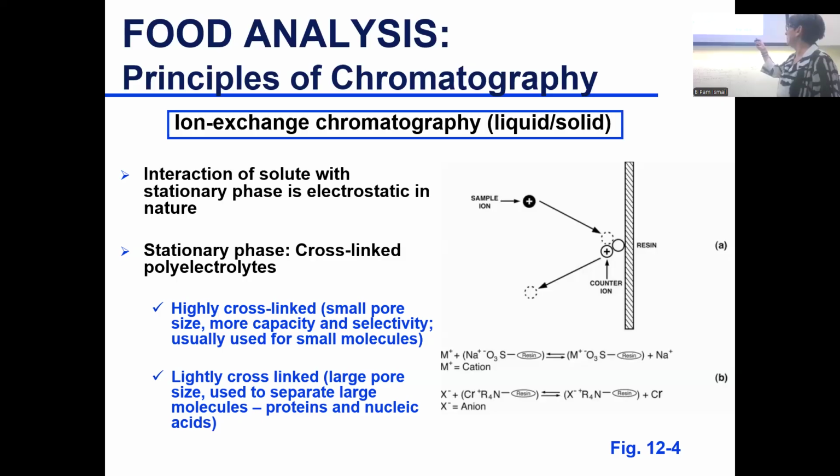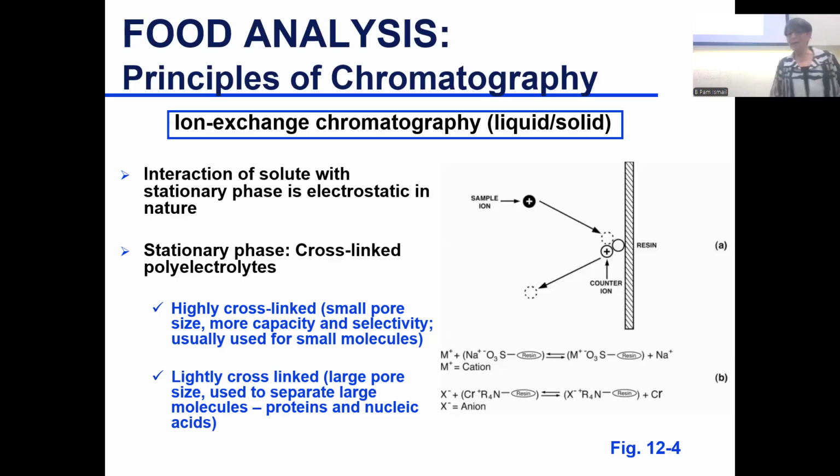So the resin here is a polymer. The stationary phase is a polymer, and it carries a functional group with a charge on it. And this polymer or resin would be highly cross-linked. When you have high cross-linking, pores are small. So it is for small molecules, like sugars, for example, or amino acids, or organic acids.